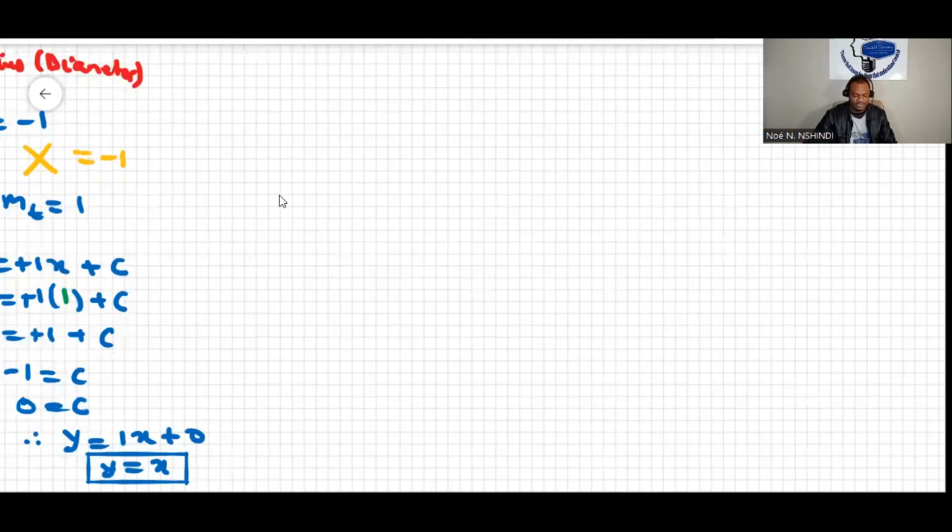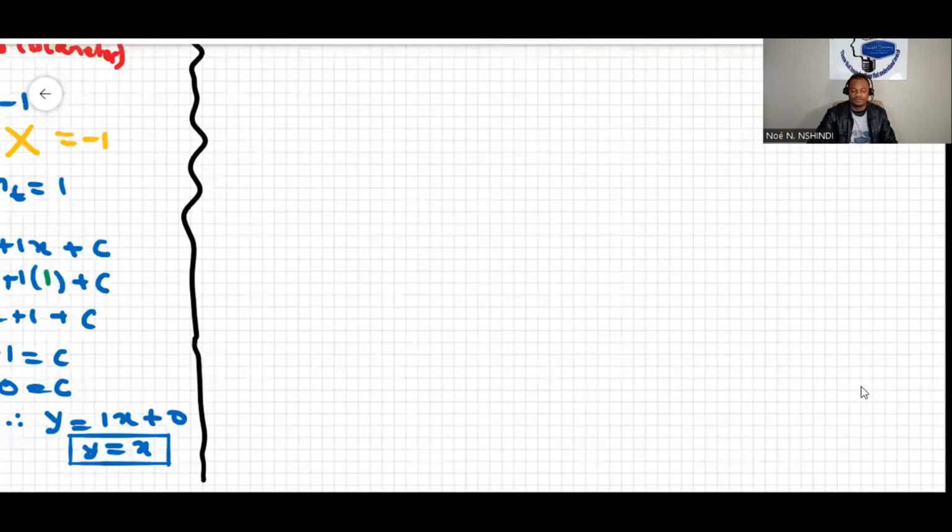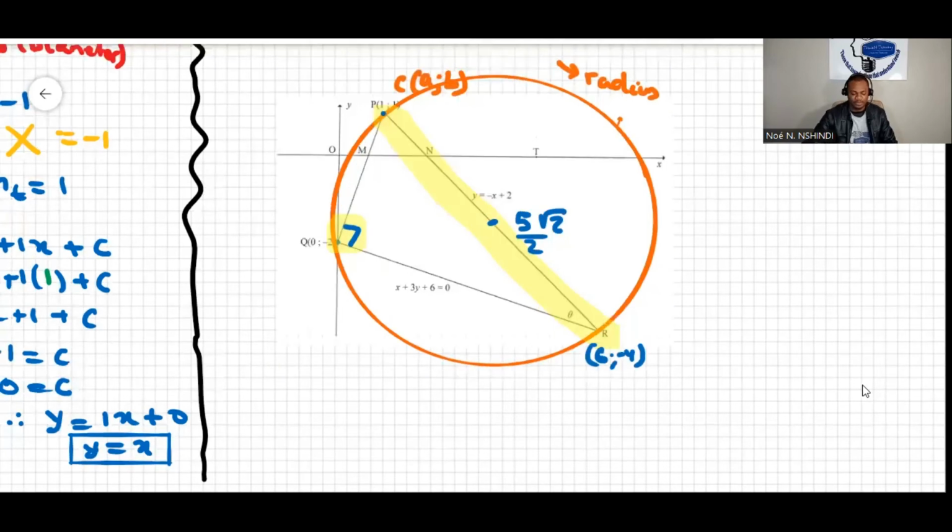I think it's important for me to redraw the same triangle over here, the same diagram from 3.6.